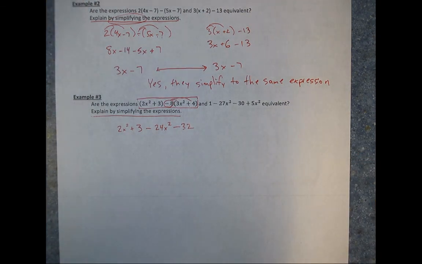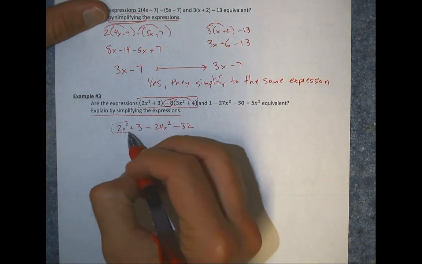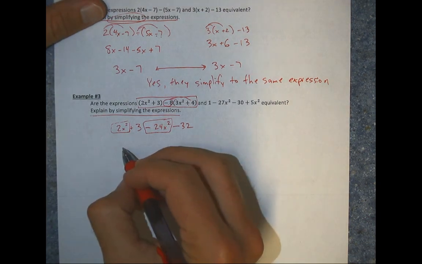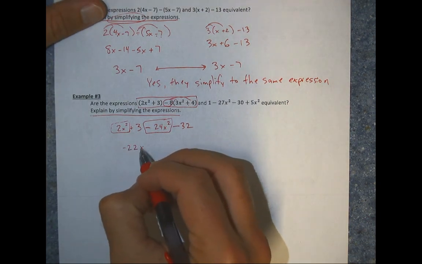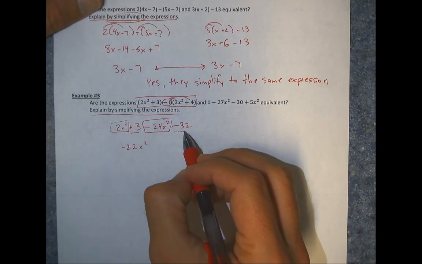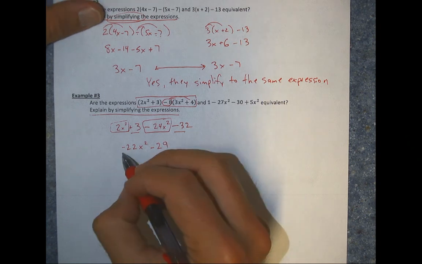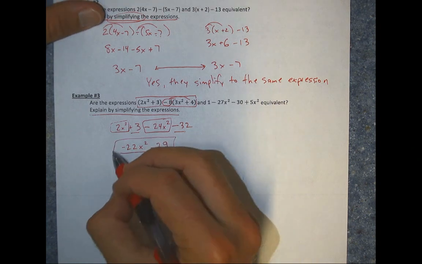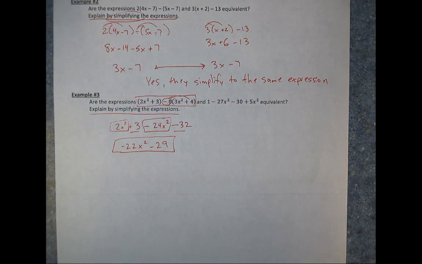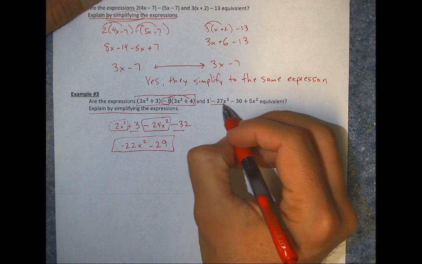Now all I got to do is just combine my like terms. So an x squared and an x squared will go together. This is a positive 2 and a negative 24. So that's negative 22x squared. Positive 3, negative 32, that is negative 29. So this simplifies to this. Let's see what we get here. I don't have any distributing to do here. All I have to do is combine like terms.